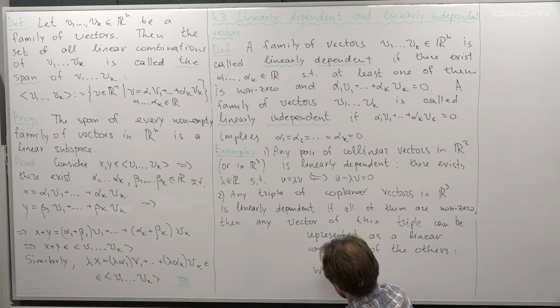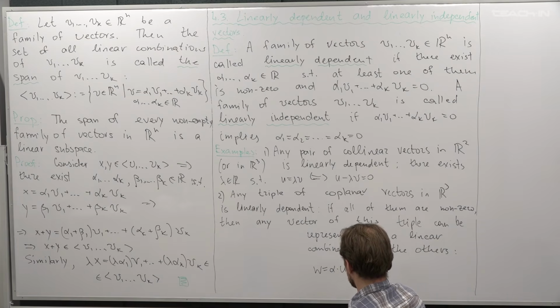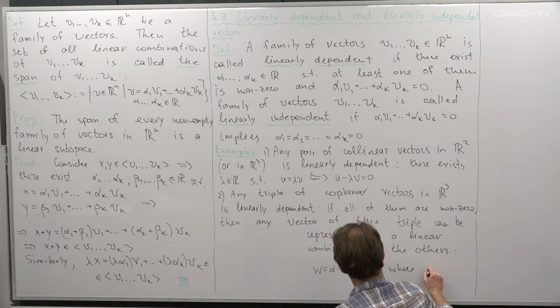So w is alpha times u plus beta times v for an appropriate pair of real numbers alpha and beta.